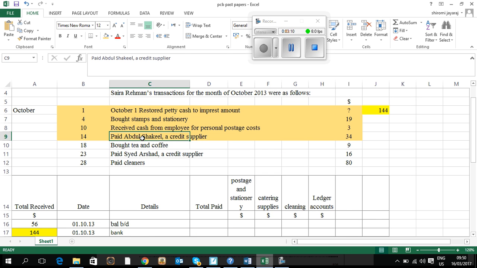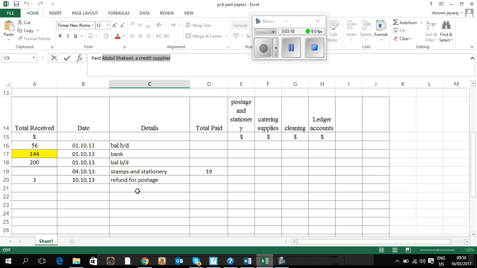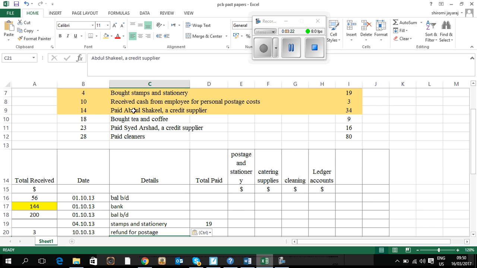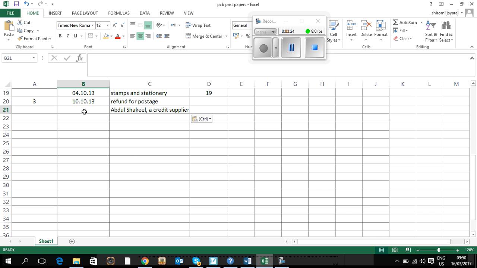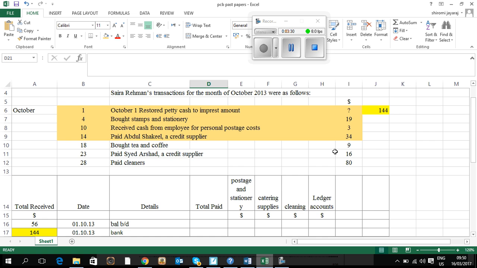Paid Abdul Shakil, a credit supplier, 34. So you paid a credit supplier. You can include this information in your detail column, and this happened on 14/10/13. And the amount was 34.